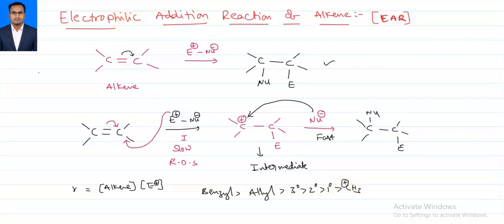Benzyl and allyl are more stable due to resonance. More resonating structures, more stable. Then tertiary, secondary and primary are ordered by hyperconjugation: tertiary is greater than secondary, which is greater than primary.